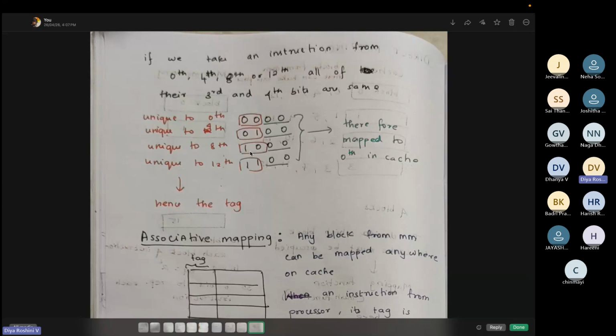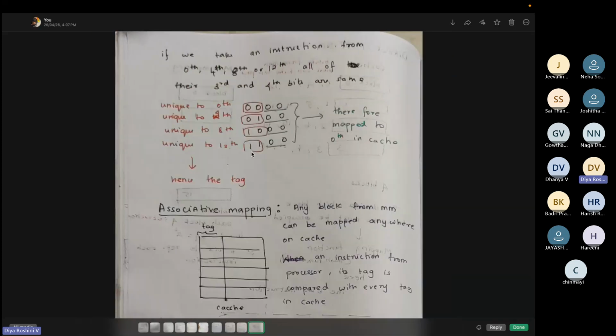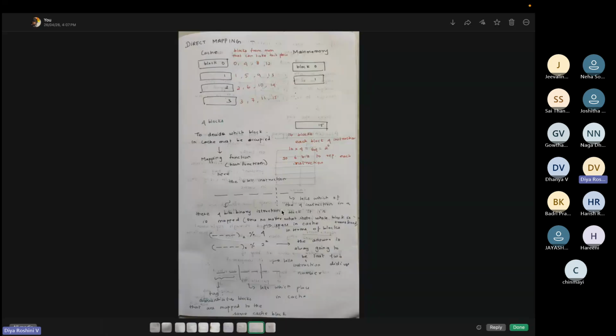So whenever you get an n-bit address, first you identify how many instructions or words there are in a block. You convert it to a power of 2, and if it's 2 power m, the last m bits represent the instruction. That is basically these 2.